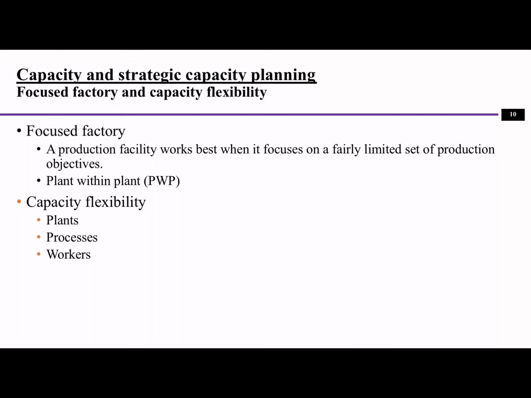All right, next, focused factory means when you have a factory, in order to keep your competitiveness, it's better that you focus on a certain series of objectives, which is the key competitiveness.